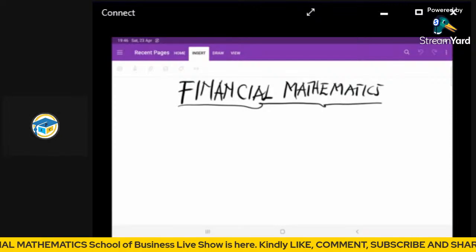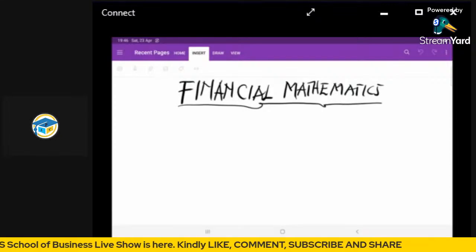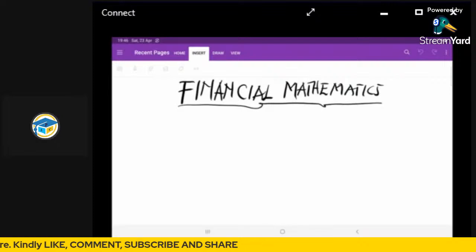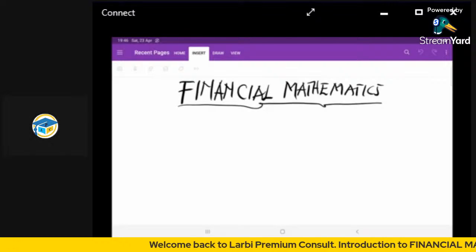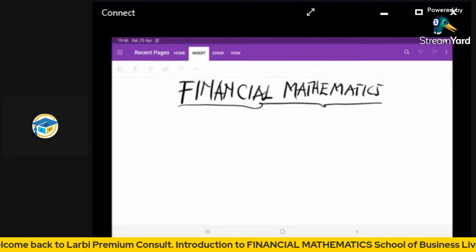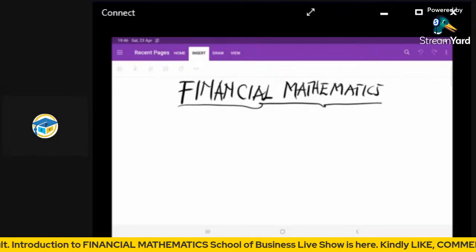Financial mathematics basically has to do with the use of financial models to solve financial problems as far as our decision making in relation to finance is concerned.